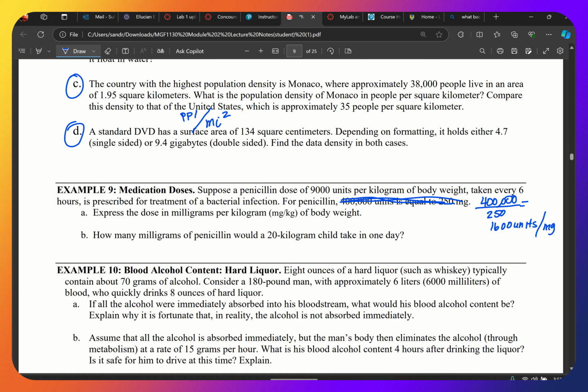Well, I did the 9,000 divided by 1,600. That'll give me milligrams per kilogram. So 9,000 divided by 1,600 is 5.625 milligrams per kilogram.